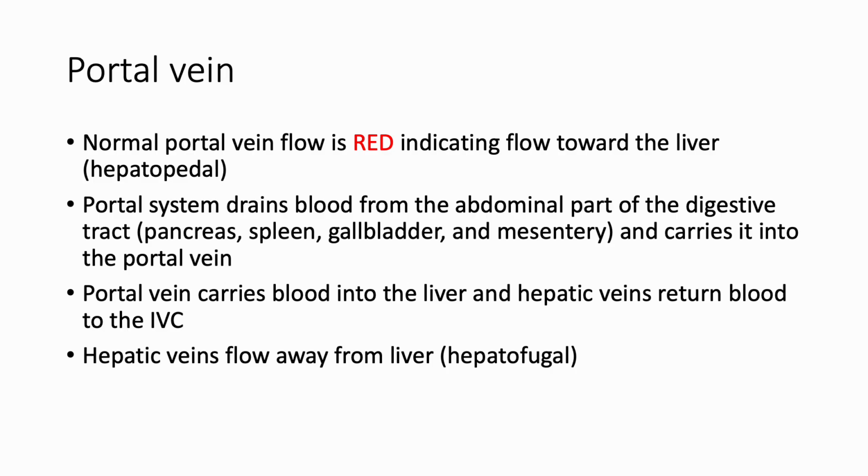Hepatofugal. So I remember this like in my head, hepatofugal, fugitive, going away. We're running away. So pedal is going to be toward the liver, fugal away from the liver. Again, portal vein normally is red. Hepatic veins normally blue.